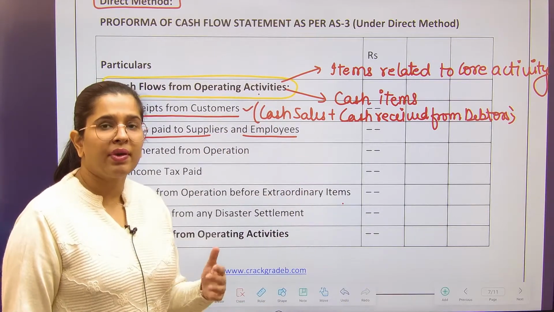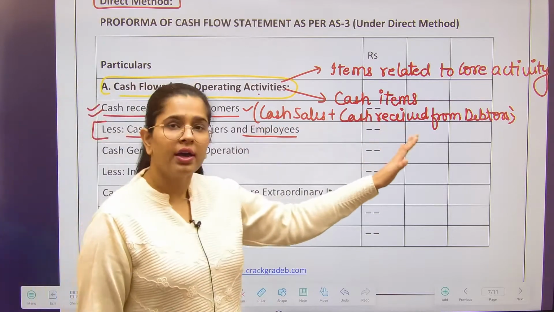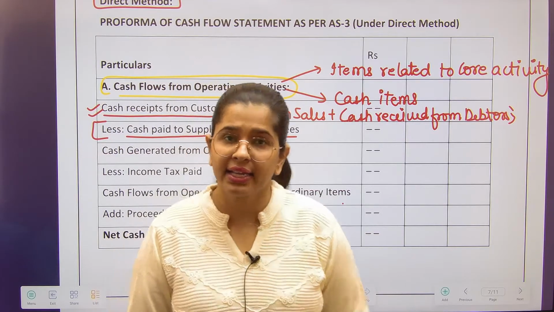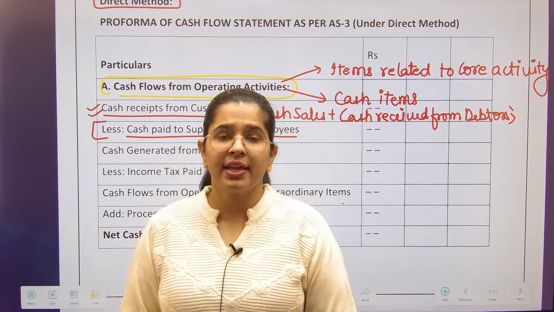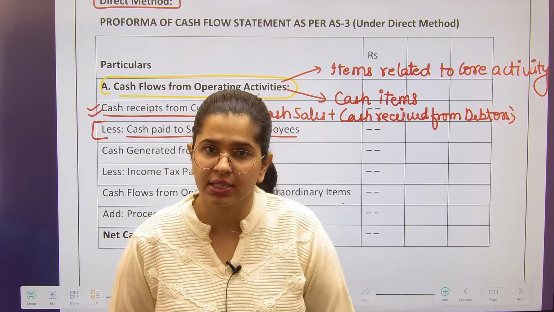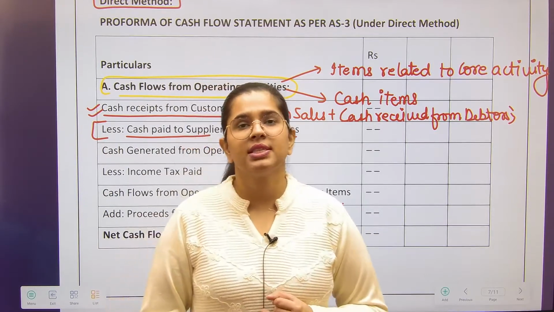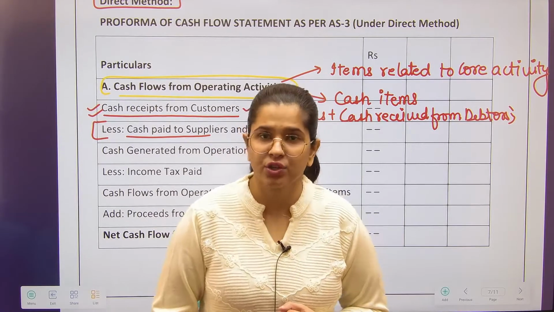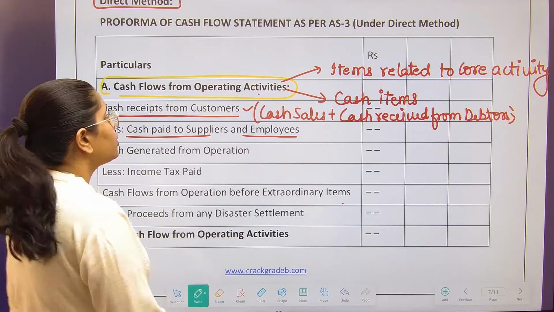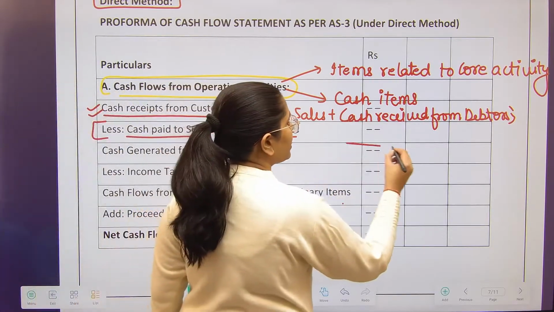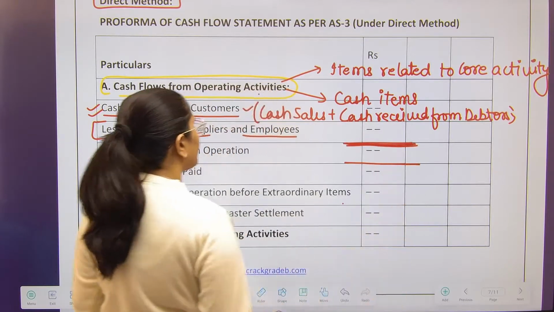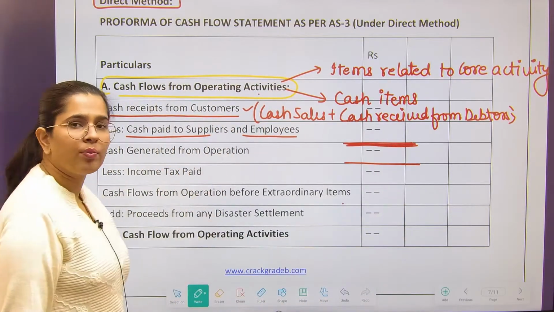We pay salary, we pay wages, so that will come over here. If you have any other kind of direct expenses, meaning expenses which you need to incur in order to run the factory, that is manufacturing expenses, and you have paid them in cash, then you will deduct them over here, right? So after deducting such direct expenses, what I will get is cash generated from the operation.